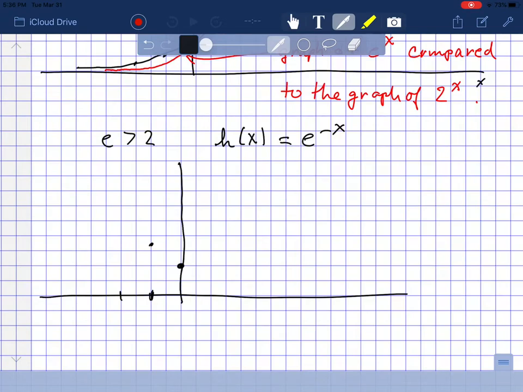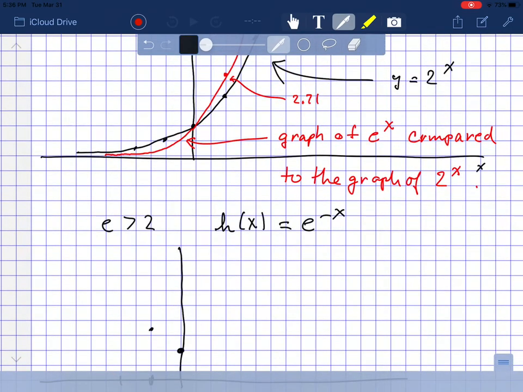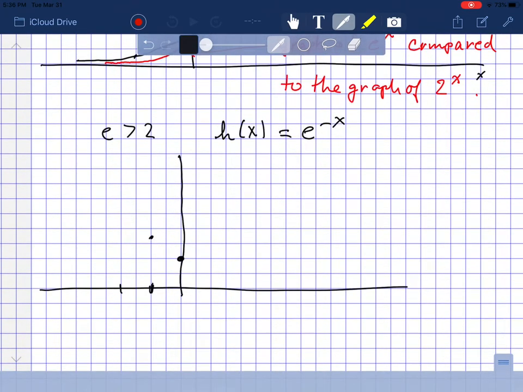Oh, wait, one minute. I'm a little bit lost. Yeah, I did that right. I did this wrong. So the graph is going to look like, this is 1, 2, so it would be up here. So it's going to look like this. And then it comes down.